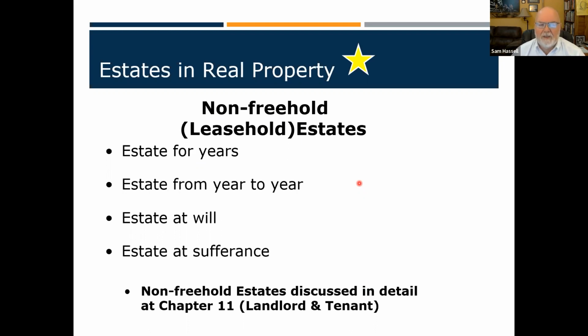All right. The next one is what's called an estate at will. I lease. And I go to my landlord and say, hey, my job just gave me notice that I have a 5-year lease here, and they're going to move me in 2 years.